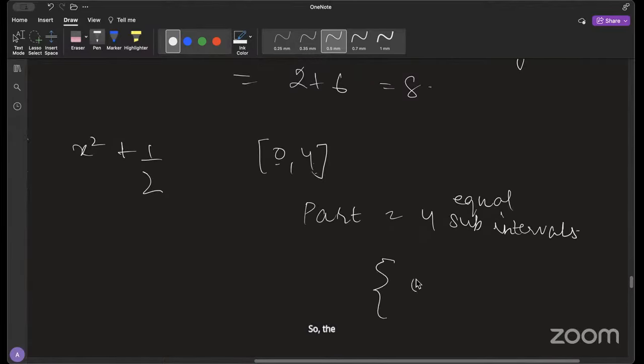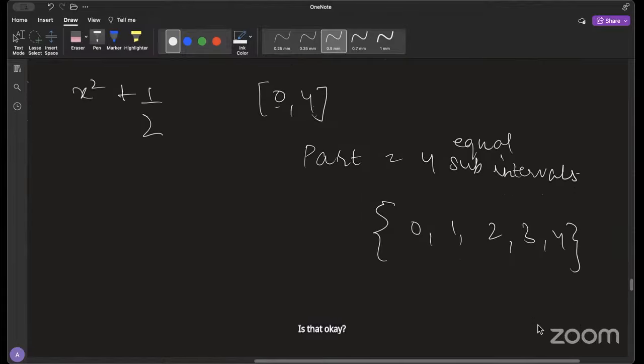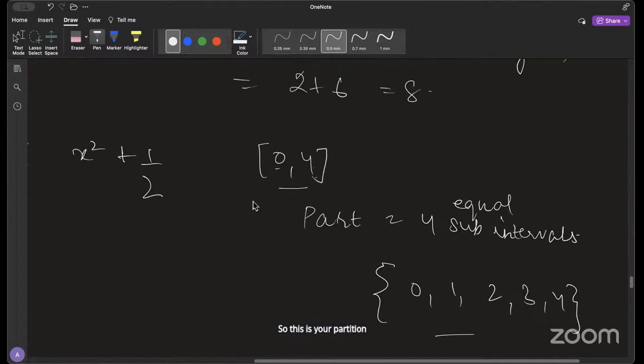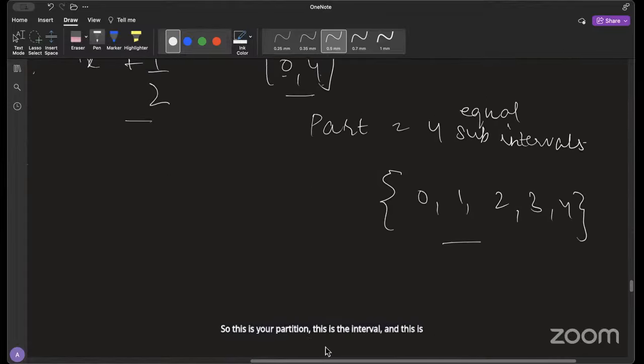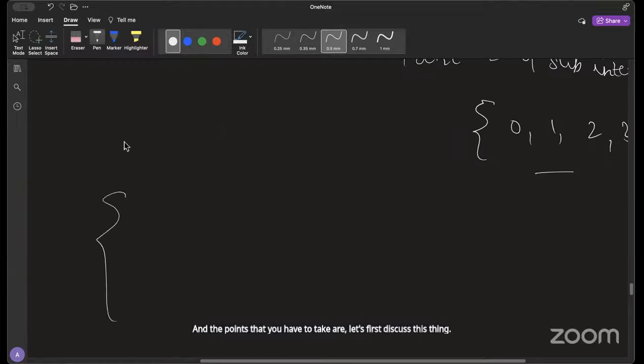The partition is basically 0, 1, 2, 3, and 4. Is that okay? So this is your partition, this is the interval, and this is the function. And the points that you have to take are, let's first discuss this.